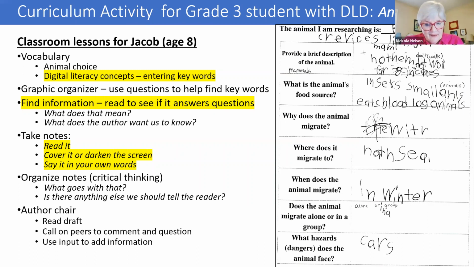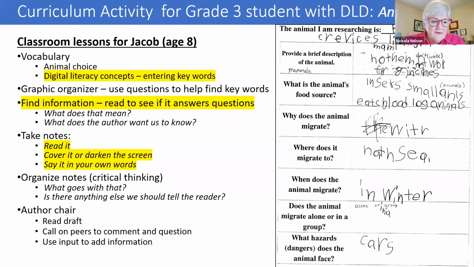So for this, we taught a mini lesson that had the students learning how to read it, cover it, or darken the screen, depending on if it's a print book or internet source. Say it in your own words, and then write down some of those keywords. Organizing their notes then to decide what goes with what and what they should be telling the reader. So treating it as a communication opportunity, even though they're developing their writing skills.